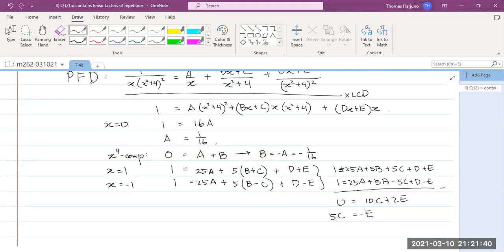Let's see further. How about the x cubed term? The component for x cubed. So, like I use the special value method and I mix it with the grouping method. The x cubed component on the left-hand side has coefficient 0. On the right-hand side, do you have x cubed from this term?